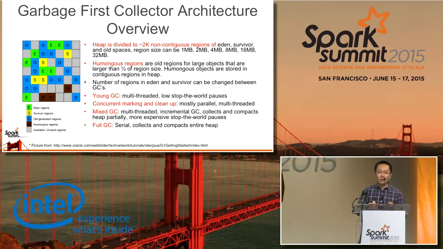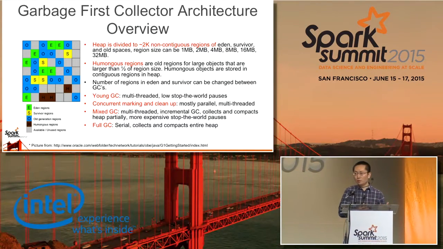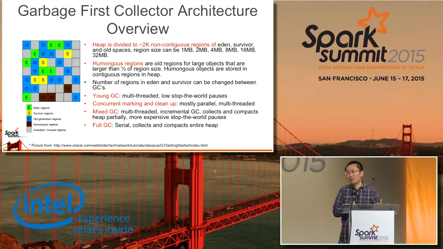So here is the Garbage First collector overview. Some of you may already know about the CMS and Parallel Old collectors, where you have these continuous regions called the young generation and old generation, maybe the perm generation. In the Garbage First collector, we don't have these continuous regions anymore, even though we still have some part of the heap designated to the Eden, the survivors, and the old objects.